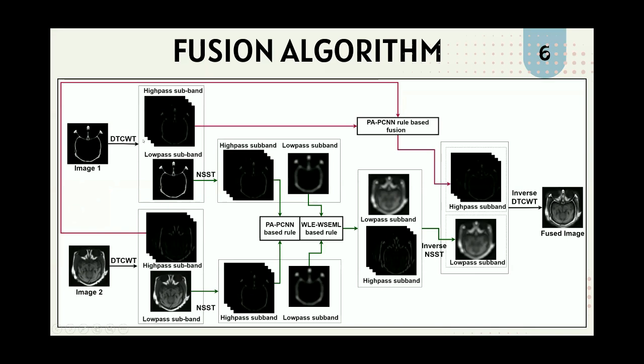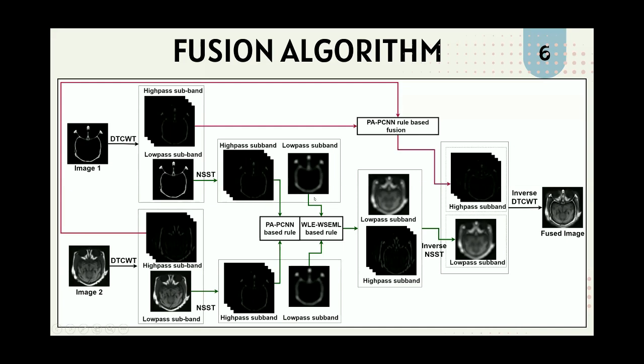When I pass this, I will have two subbands, a high pass subband and a low pass subband. Here also, I convert the image into a high pass subband and a low pass subband. On the low pass subbands, I'll be performing NSST. NSST converts into subsamplings, and with these subsamplings, I again have a high pass subband and a low pass subband.